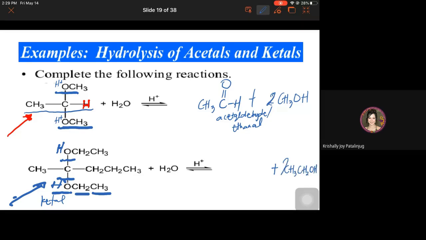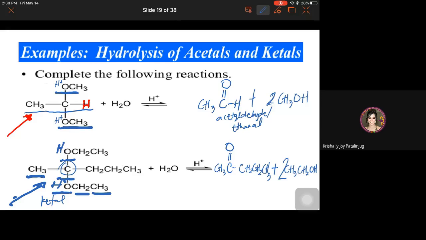How many moles? 2. Then return the original ketone. This is a ketal, so it becomes a ketone: CH3, then carbon double bond O, then CH2, CH2, CH3.